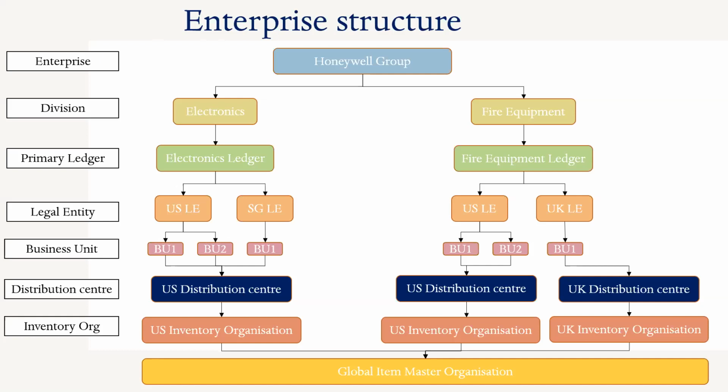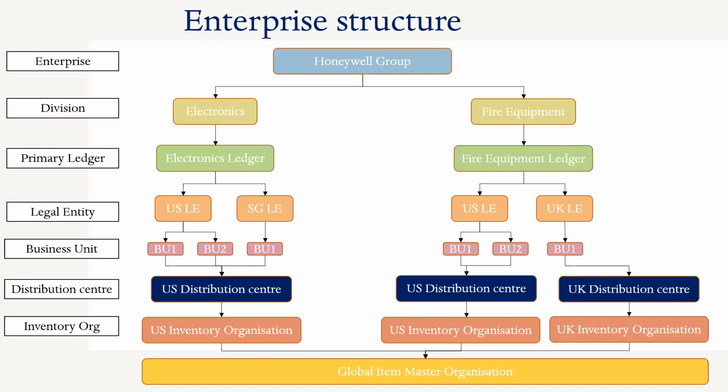The distribution center is just for reporting purposes. It is kind of a unit where the items are being dispatched or recorded in terms of reporting. And below that we have the inventory organization. More than the financial part, if you see the supply chain part, we will have a little variation or enhanced version of it.